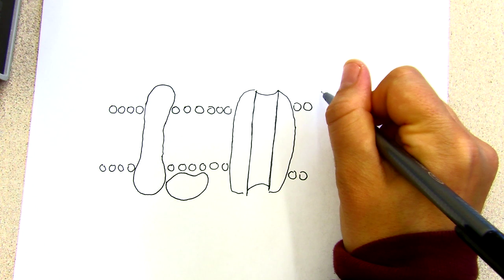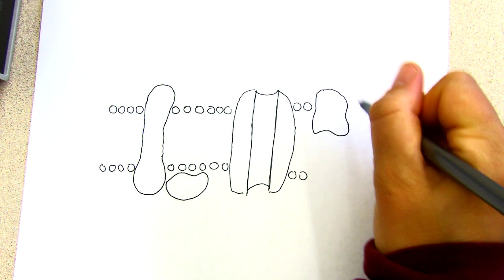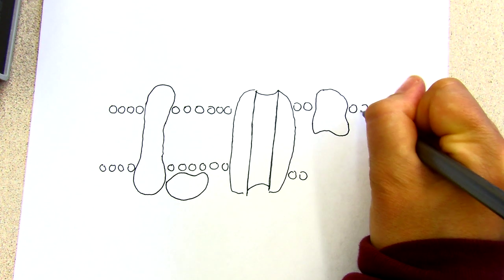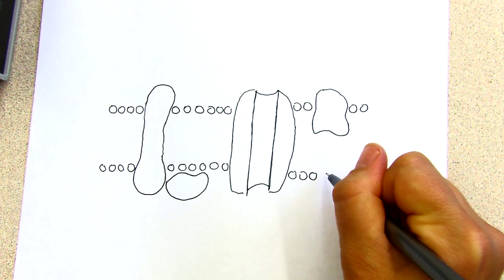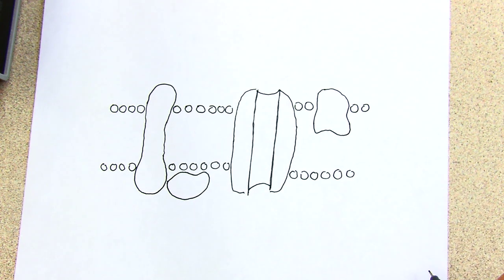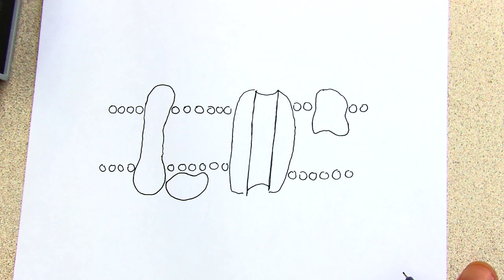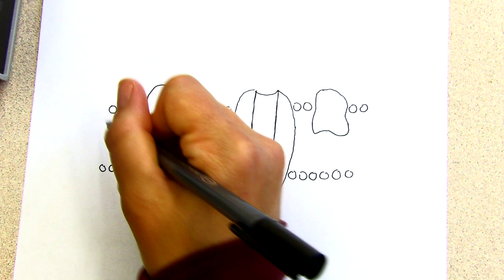I'm going to draw another protein. Okay, so I have 4 proteins here because I want to illustrate the variety of proteins that can be found in the plasma membrane or in the cell membrane, same thing.